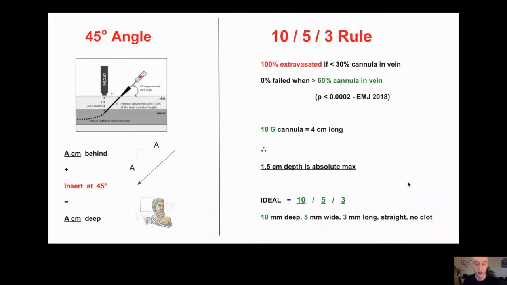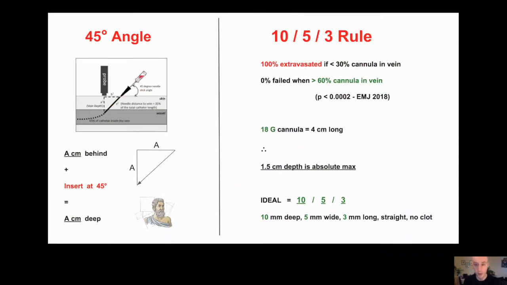It should be straight and not have any clot in it. I think this last bit is difficult to measure with ultrasound, so I just think of the 10-5 rule. I set my depth to about 2 centimeters, and I'm looking along the 1 centimeter for veins that are deep enough that I can hit them.